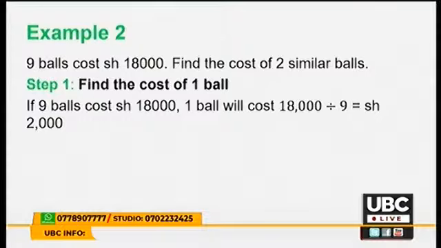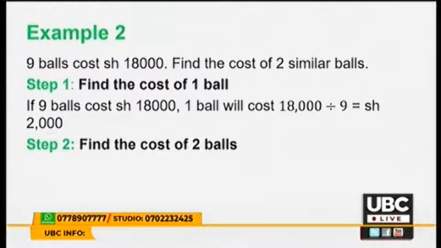If 9 balls cost 18,000 shillings, then 1 ball will cost 18,000 shillings divided by 9. Using the knowledge of division, when you divide 18,000 by 9, you get 2,000 shillings.